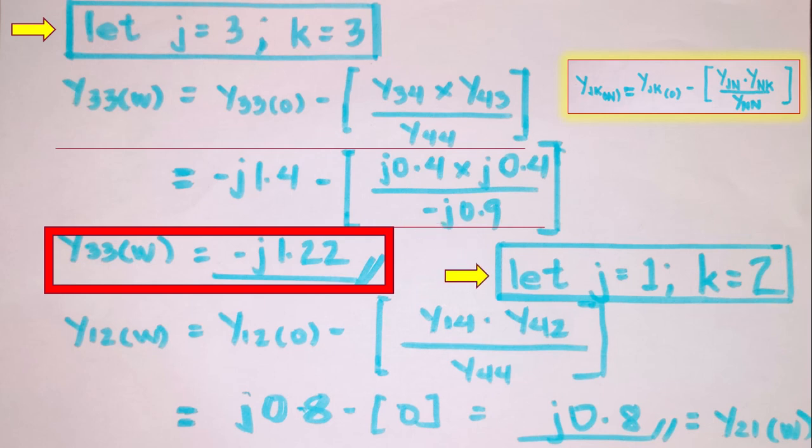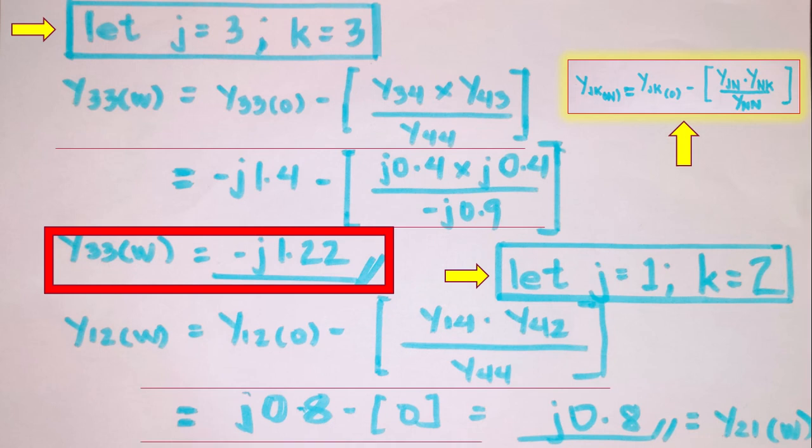Next, let us let j is equal to 1 and k is equal to 2. Using the equation and the formula aforementioned earlier, we will also substitute its value. y12 is equal now to y12 old minus y14 times y42 over y44.